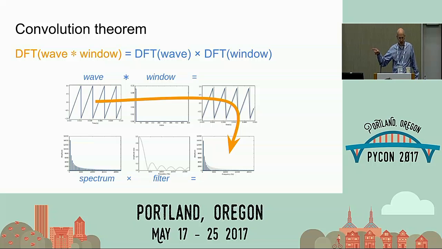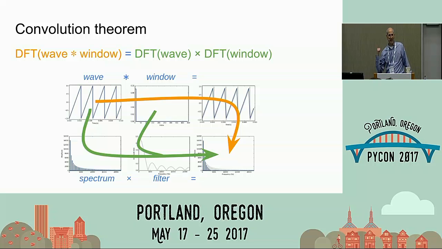That says I'm going to convolve the wave with the window and then compute the DFT. So that's like going across the top row and then down. The green arrow corresponds to the right-hand side of this equation. That says you can compute the DFT of the wave and the DFT of the window and multiply them together. And the convolution theorem says that whether you go the orange way or the green way, you get the same result.